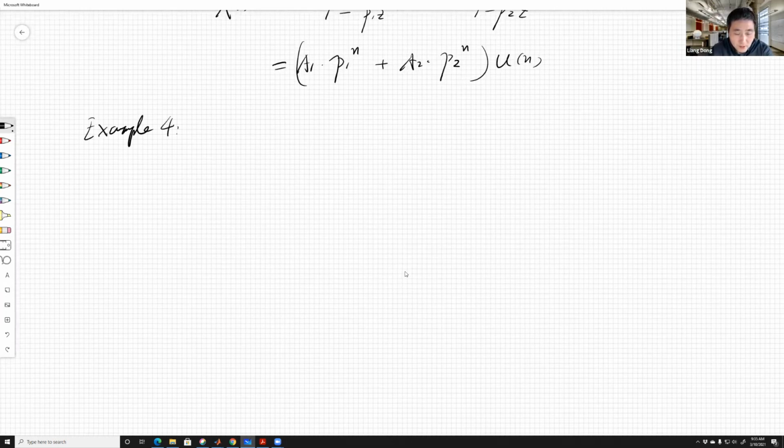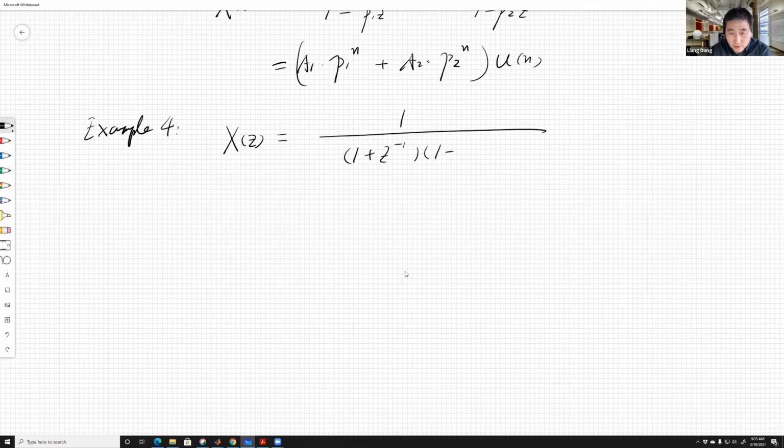Example 4 is also doing an inverse Z transform. I got the function as a function of Z, looks like that. 1 subtract Z to the power -1 squared. Now, in this case, I know I have 3 roots, P1, P2, P3.